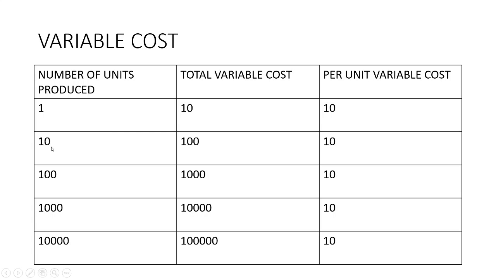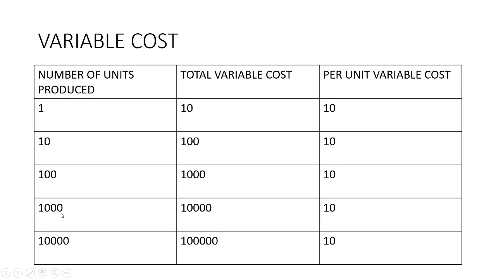Imagine we are producing 10 units. For 1 unit, the variable cost, that is in our example the material cost, is rupees 10. Then for 10 units, it will be rupees 100. If you are producing 100 units, for 1 unit it is rupees 10. For 100 units it will be rupees 1000.